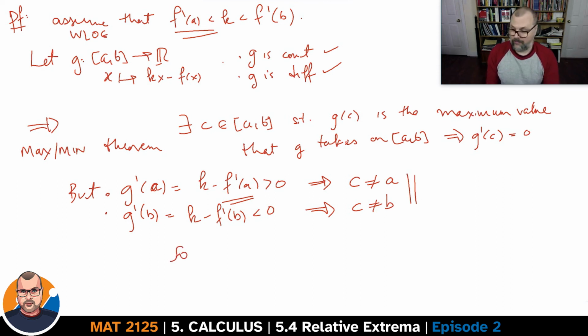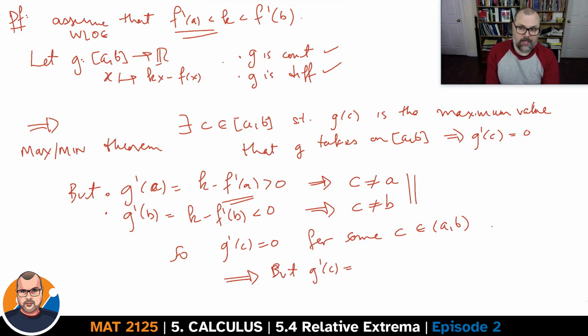So what we have is that g prime at c is equal to 0 for some c in the open interval (a,b). But we know what g prime at c is. It is equal to k minus f prime at c.